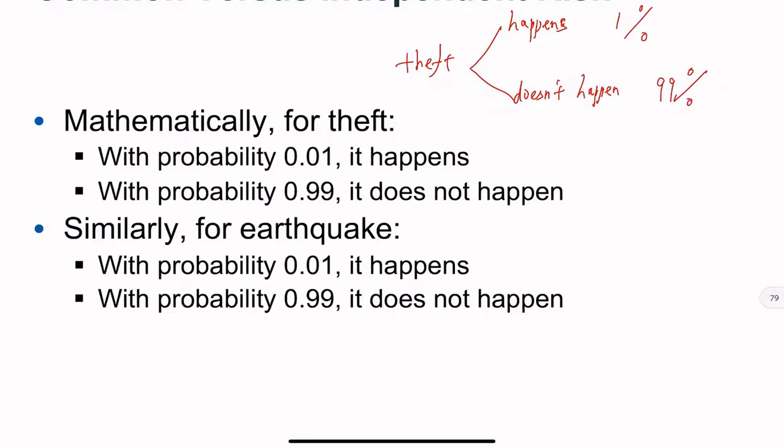Now, let me denote something happens as 1, right? So, if you see 1, then it means theft happens.